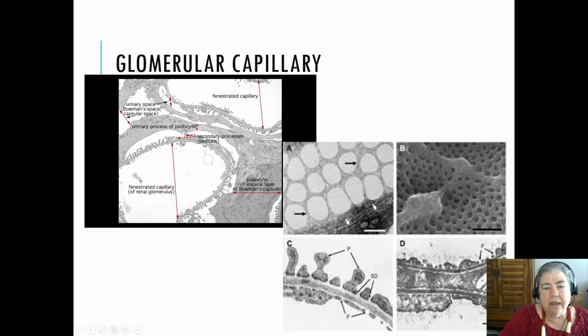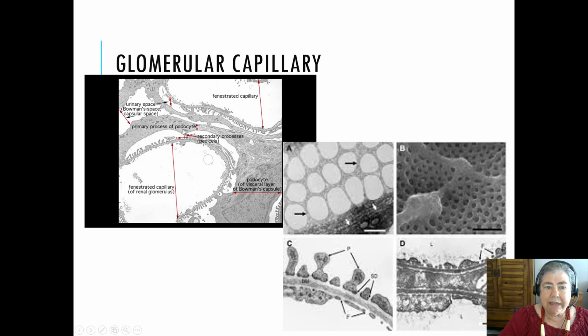I mentioned a couple things about the glomerular capillary that are illustrated here. One is that they are fenestrated capillaries. They have lots of little holes in them. They're essentially a very, very fine strainer, allowing fluid to pass across the capillary walls.